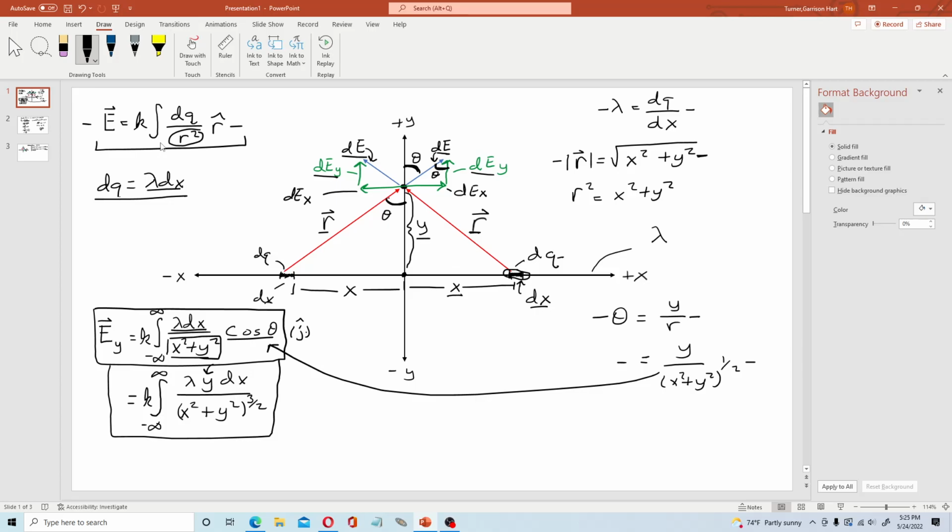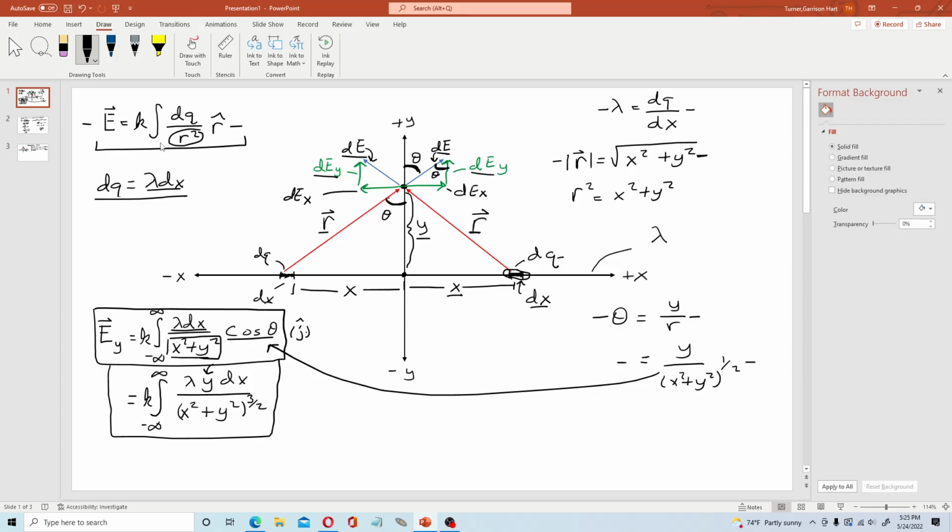So now I have something that can be integrated, at least in principle. Okay, and I've set it up such that my components are correct. My horizontal components are canceling out, so I'm not worried about calculating those. I'm only worried about the vertical components.